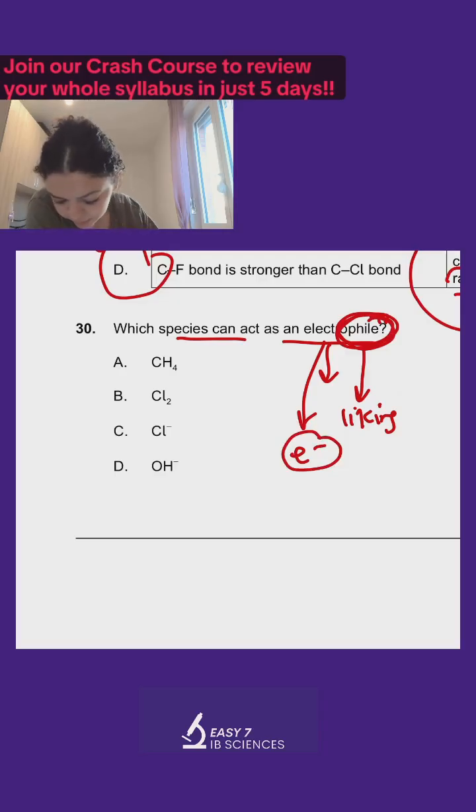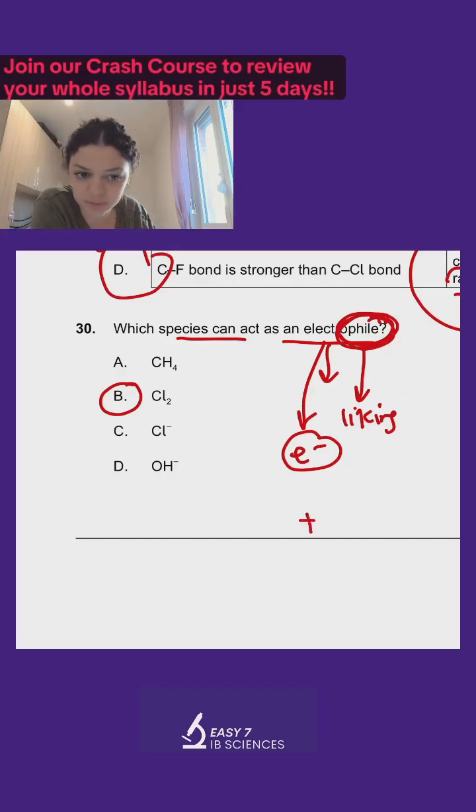Something that likes what? Anyone tell me? I'm getting a lot of B's. Very good, guys. It is actually B. So if something likes electrons, it has to be positive. Why? Because electron deficient, perfect. It has to be positively charged because opposite charges attract.